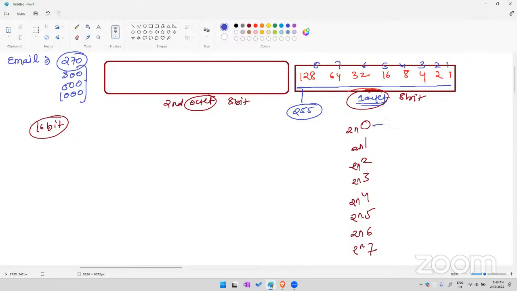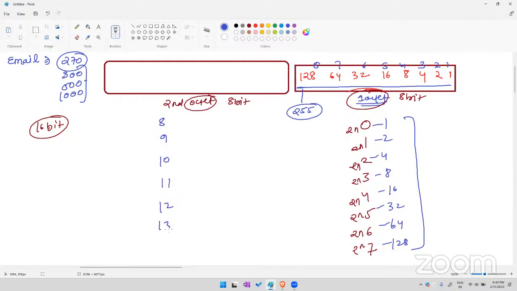And then we get the values 1, 2, 4, 8, 16, 32, 64 and then 128. But if you add all values, we can fulfill only a 255 address requirement. If you want to use more than 255, then we need to go to the second octet. But 0 to 7 is already used. Now in 16 bits, how many values remain? 8, 9, 10, 11, 12, 13, 14, and then 15.